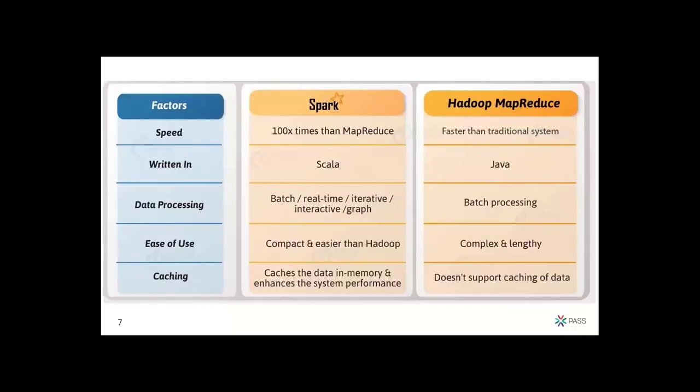Spark offers caching in memory, which enhances performance, but Hadoop does not support caching of data. That's why we are seeing very good progress of Spark from an open source Apache project. It moved to the industrial arena, is getting a very good market, and is doing very well against Hadoop.